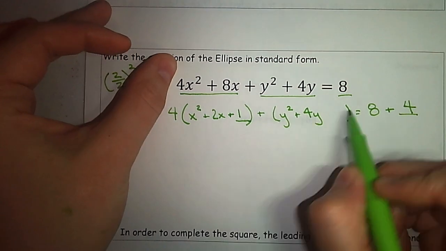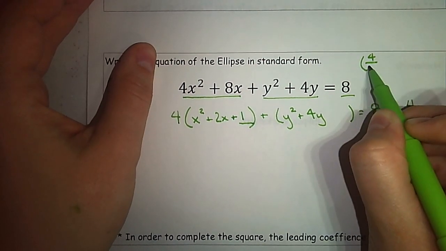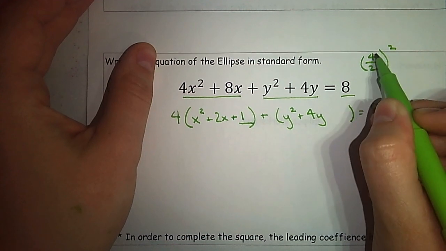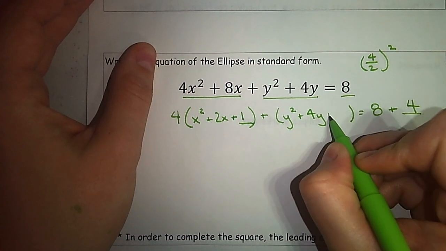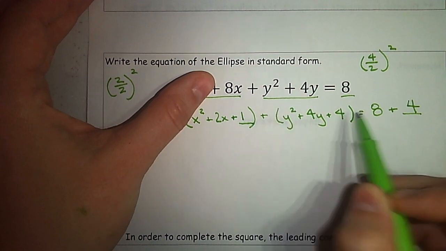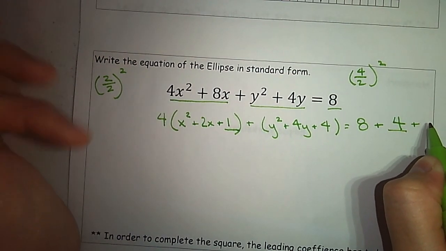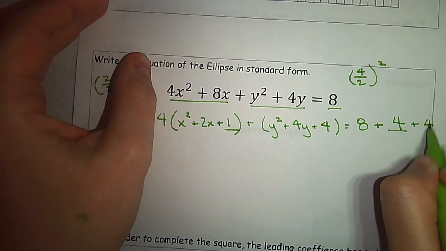Over here, thankfully, we don't need to worry about that. So my middle term divided by 2 and squared, and I get 2 squared, which is 4. And again, technically there's a 1 out there. So over here, we're adding 4, sorry.